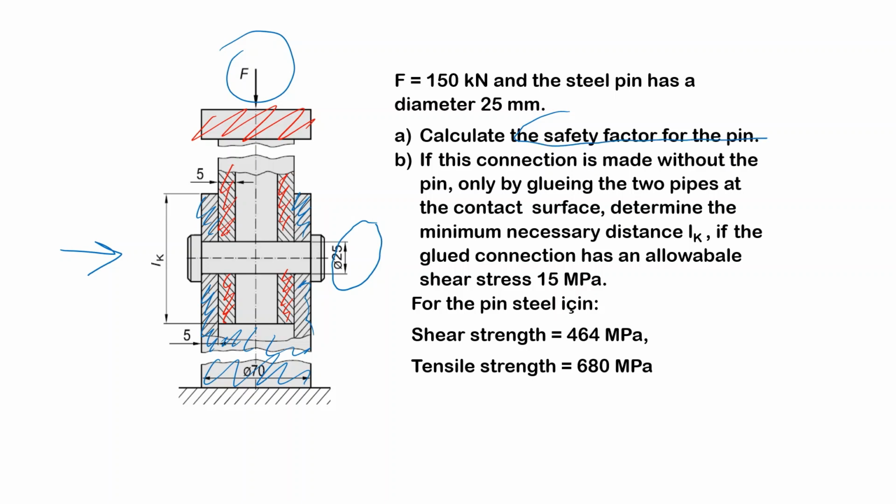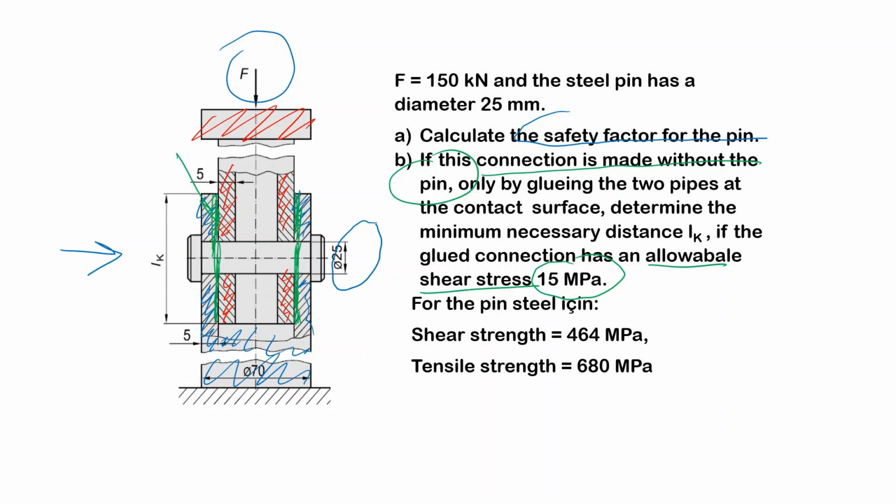The second part of the question, well, this time the connection will be made without the pin. So they will remove the pin and glue these two pipes along the surface on which they are connected, and if this glue has an allowable shear stress, that means if the shear stress on this area will be higher than 15 megapascal, the glue will fail.